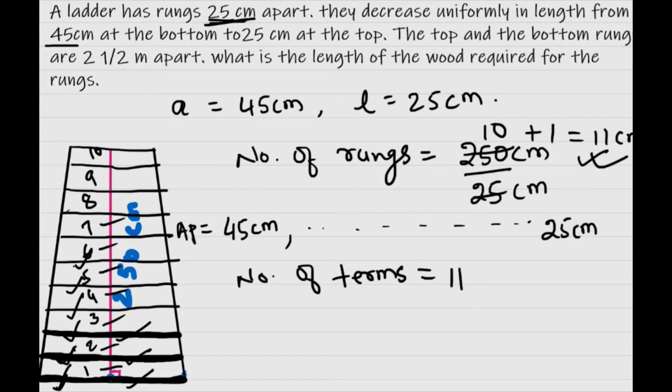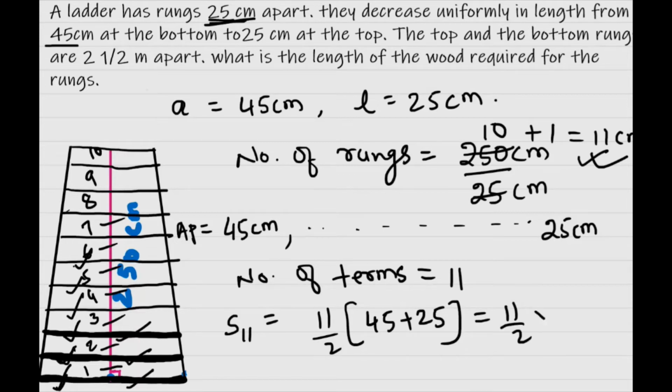That means you have to calculate S11. So S11 will be equal to 11 by 2 into, here you have A plus L. Your A is 45 and L is 25. So that will be equal to 11 by 2 into 45 plus 25, which is 70. So 2 ones are 2 and 2 35s are 70, so 11 into 35.